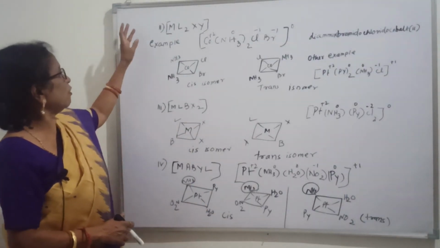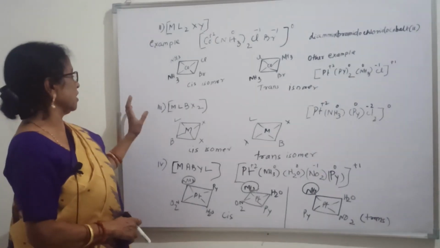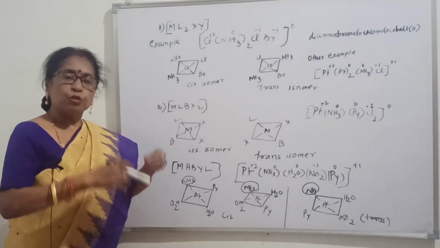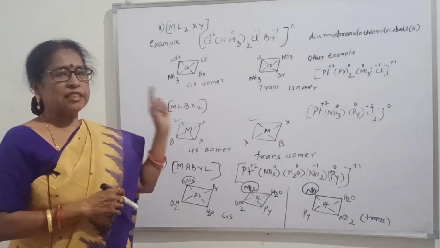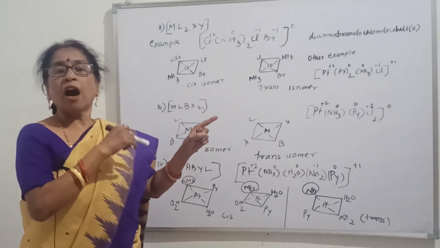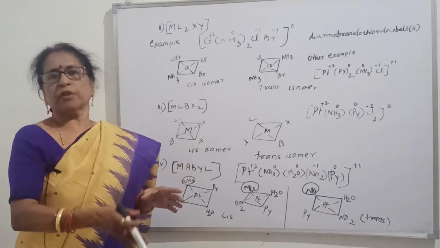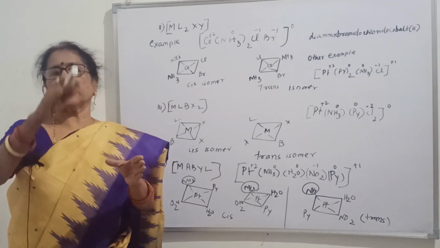Actually examples 1 and 2 are very easy, and 3 and 4 are a little difficult. You should fix in your mind what is fixed and what should be in the adjacent side. You think this is adjacent, again you write this as adjacent side and interchange the ligands.